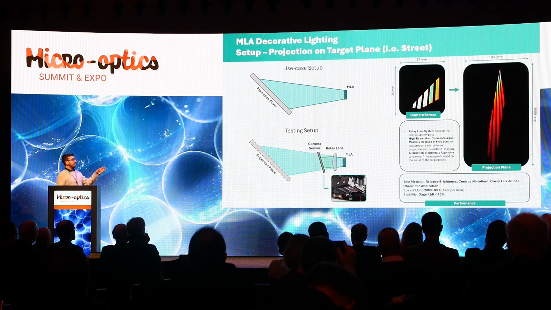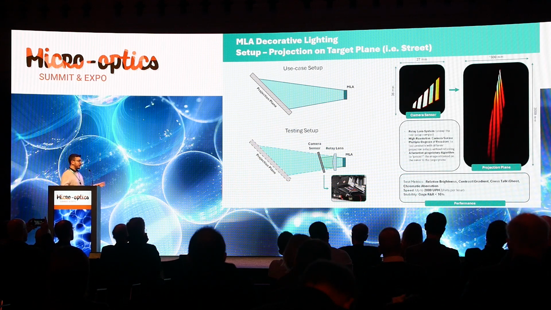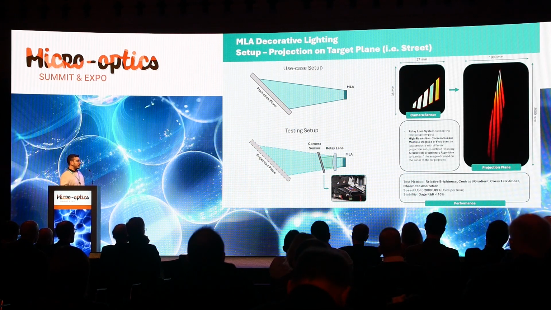And then on this projected plane image, you can extract metrics like the relative brightness, contrast, and sharpness of the transition, the presence of ghost images given by crosstalk of different MLA channels, and also chromatic aberration. And we reached very good speed, up to 2800 units tested per hour, with a very good repeatability.